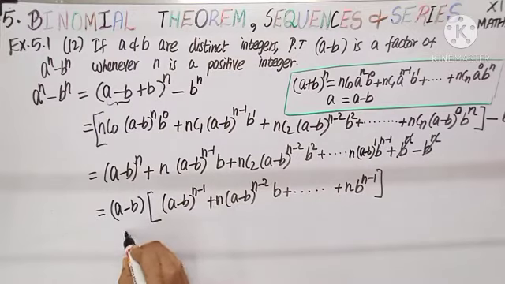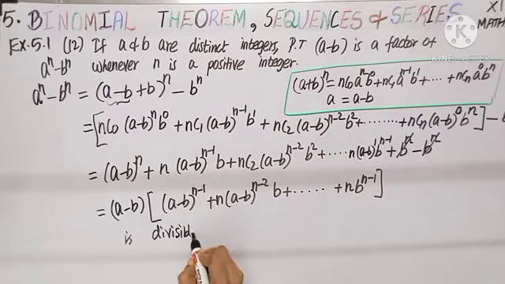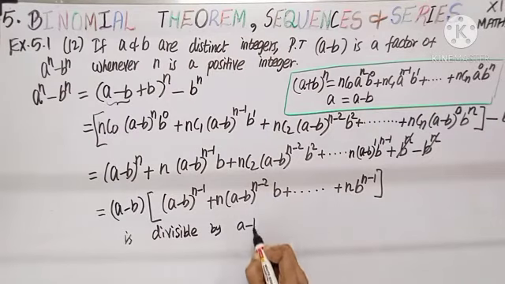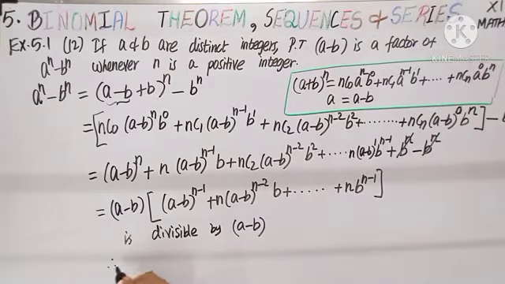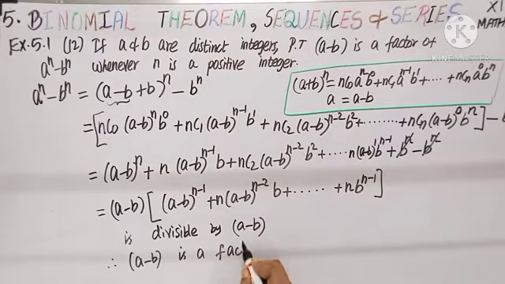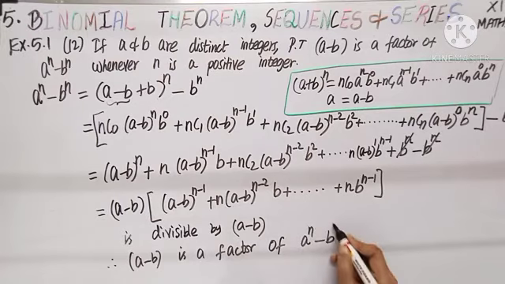Therefore, I will say it is divisible by a minus b. Instead of saying divisible by a minus b, I can also say that a minus b is a factor of a power n minus b power n.